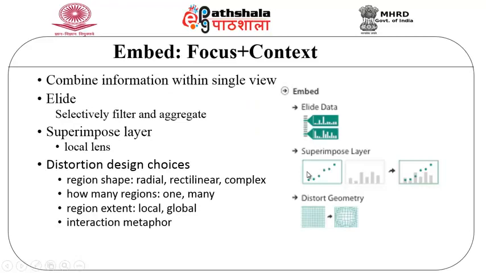So when we try to embed the focus and the context information, we try to combine the entire information within a single view. We try to elide, which is selectively filtering as well as aggregating the data. We try to filter out as well as aggregate the data inside a single window.